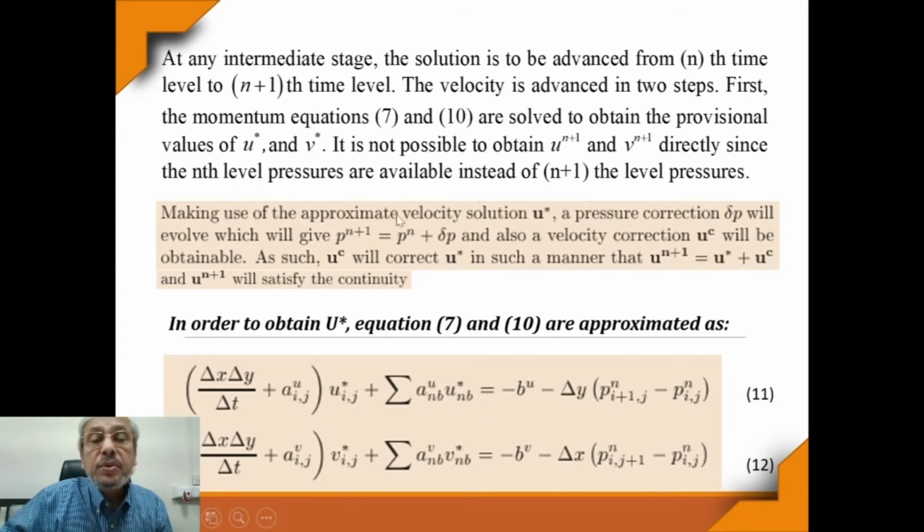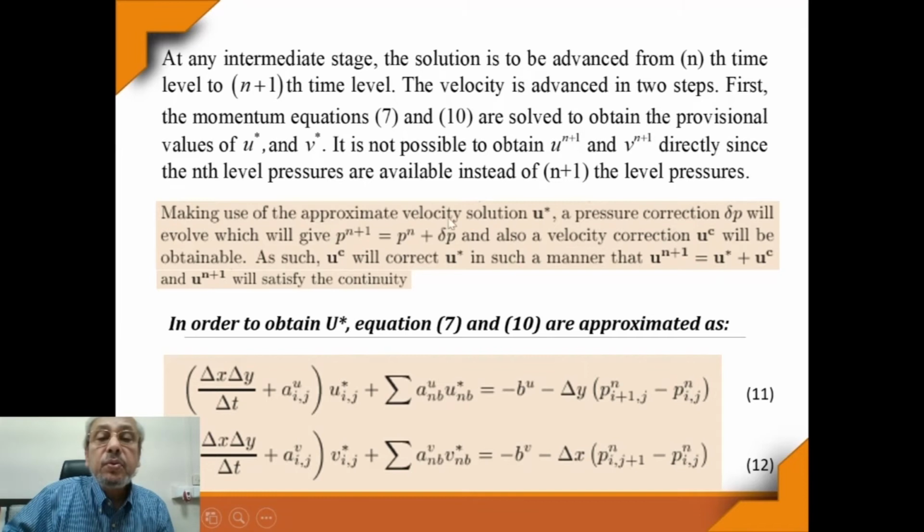So making use of the approximate velocity solution u star, a pressure correction delta P will evolve, which will give finally, so that is why we are evaluating u ij, v ij and all neighboring u's and neighboring v's, but we are not calling these values n plus 1th level values. We are calling them as star values.